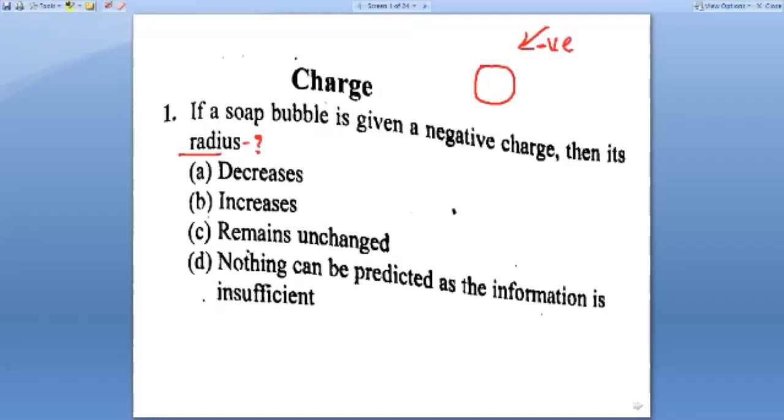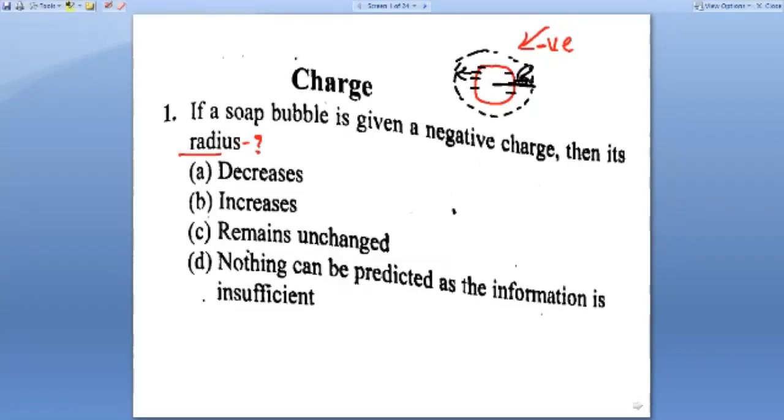When the negative charge is given to the soap bubble, on the surface of both the sides, it is negative, negative, negative. Because of the like charges, there is a repulsive force on the surfaces. The surface extends, so due to the like charges, its radius also increases.